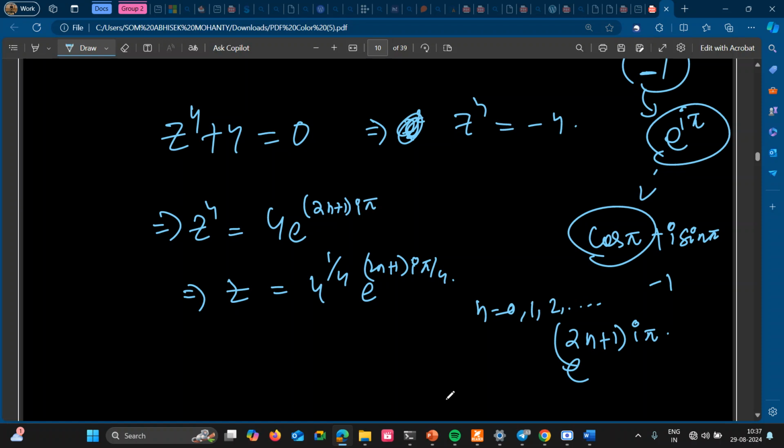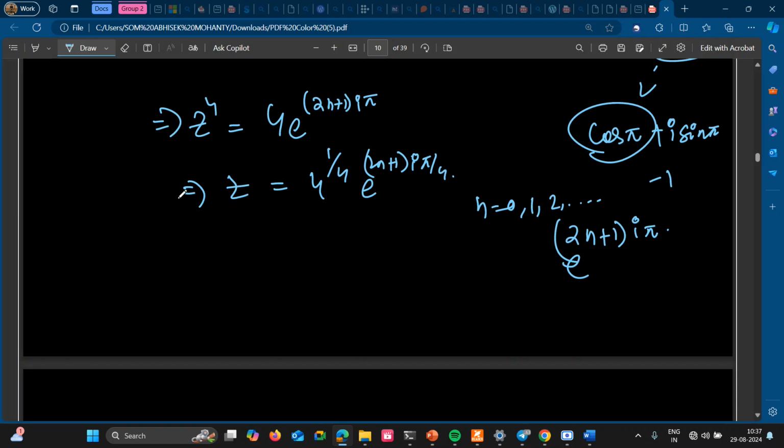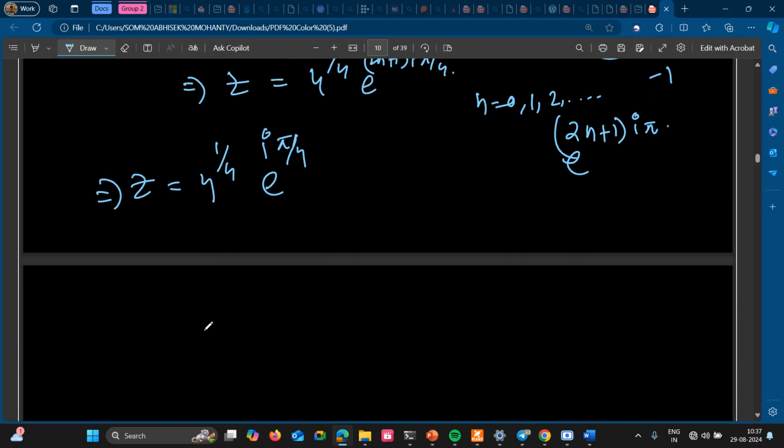So now, how to solve it? Let's take the value of 0 only here. So eventually z is equal to 4 to the 1 by 4 e to the power i pi by 4. If you remember the expansion, e to the i theta is cos theta plus i sin theta.